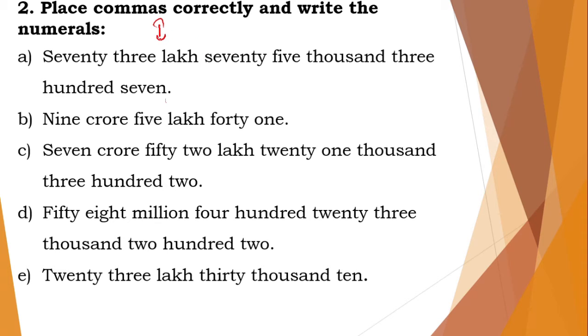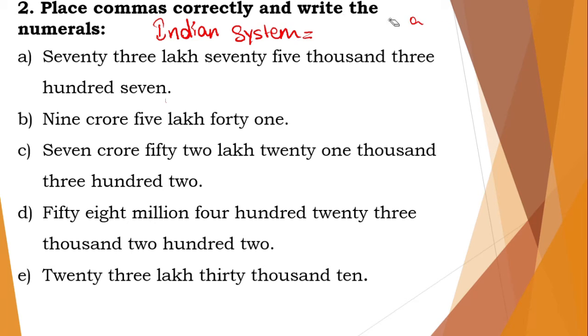Now in Indian system, we put the commas. Initially we put the commas after every 3 digits. So first comma is after every 3 digits.